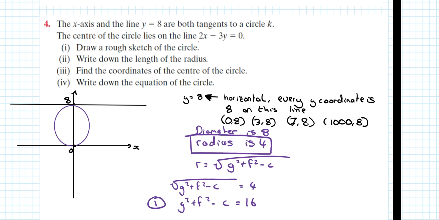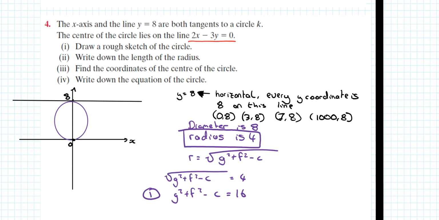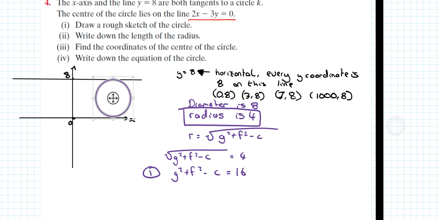The center of the circle lies on this line. Okay, well, what's the center of the circle now? I'm going to remove that circle there and put it somewhere arbitrary, like here. The center of the circle. We know the center of the circle is minus g, minus f. So if the center lies on that line, it means minus g, minus f must satisfy that line.